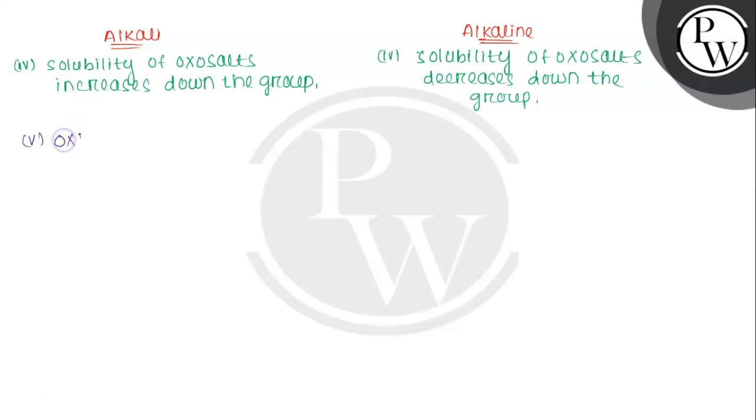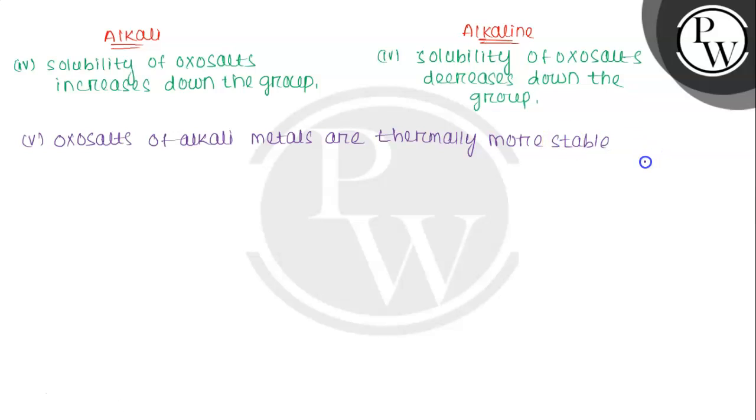Oxosalts of alkali metals are generally thermally more stable than those of alkaline earth metals.